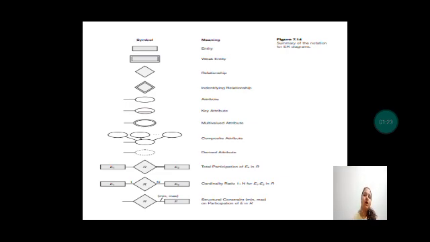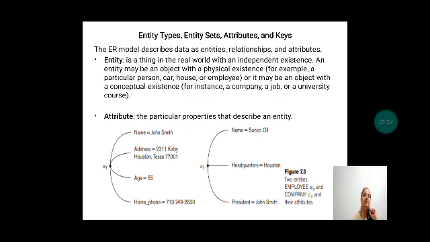Okay, now let's see in depth some of the concepts of this ER diagram with respect to the relational database management system. The first thing that we are going to discuss here is entity types, entity sets, what the attributes are, the types of attributes, and different types of keys.